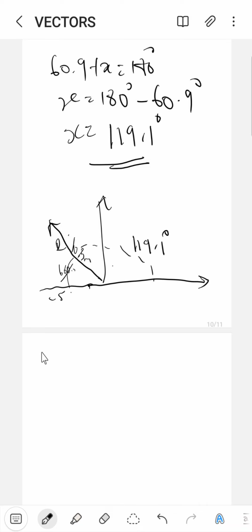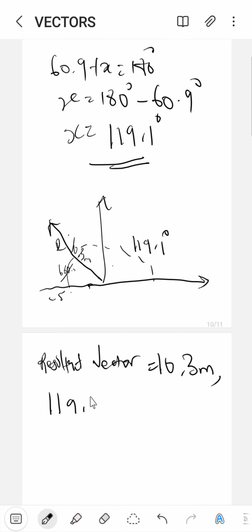So how we write this is: the resultant vector is equal to 10.3 meters, comma, 119.1 degrees from the positive x-axis, or above the positive x-axis.